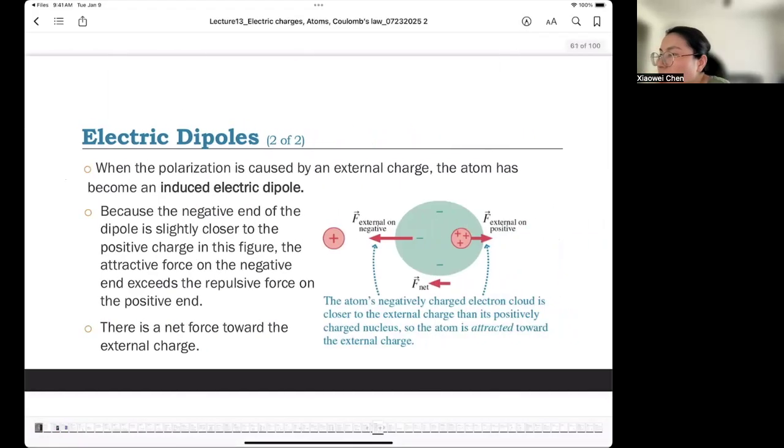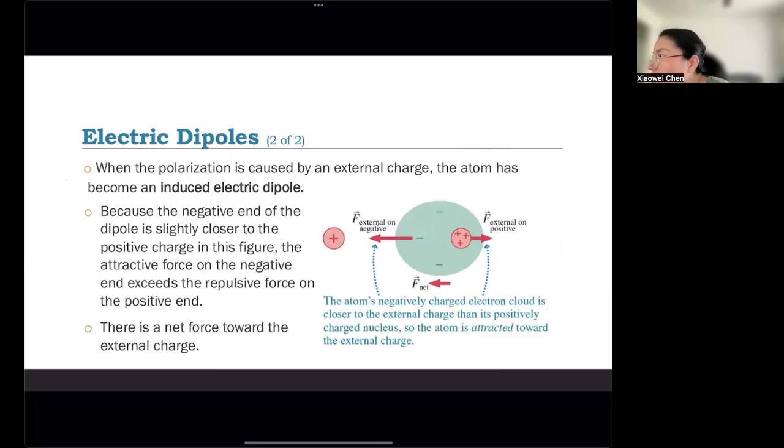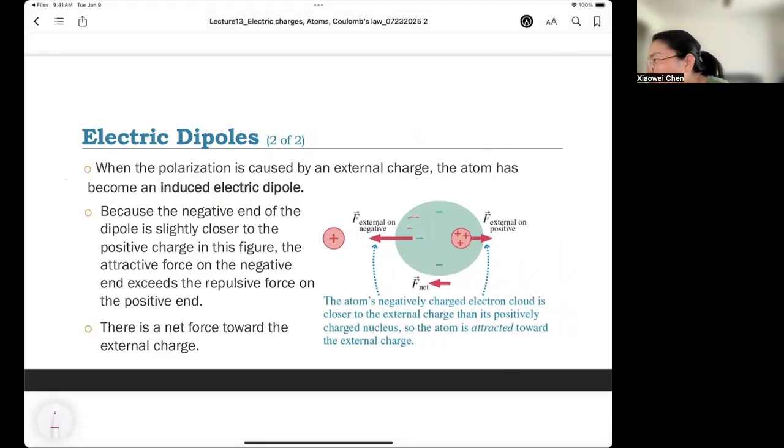Okay, when the polarization is caused by an external charge, the atom has become an induced electric dipole. The negative will be here, the positive will be here, and it becomes an induced electric dipole.